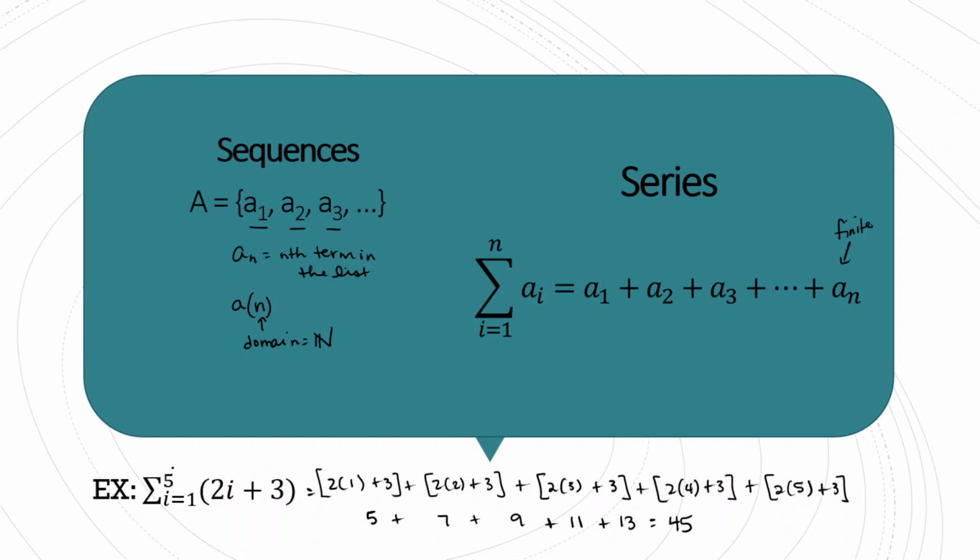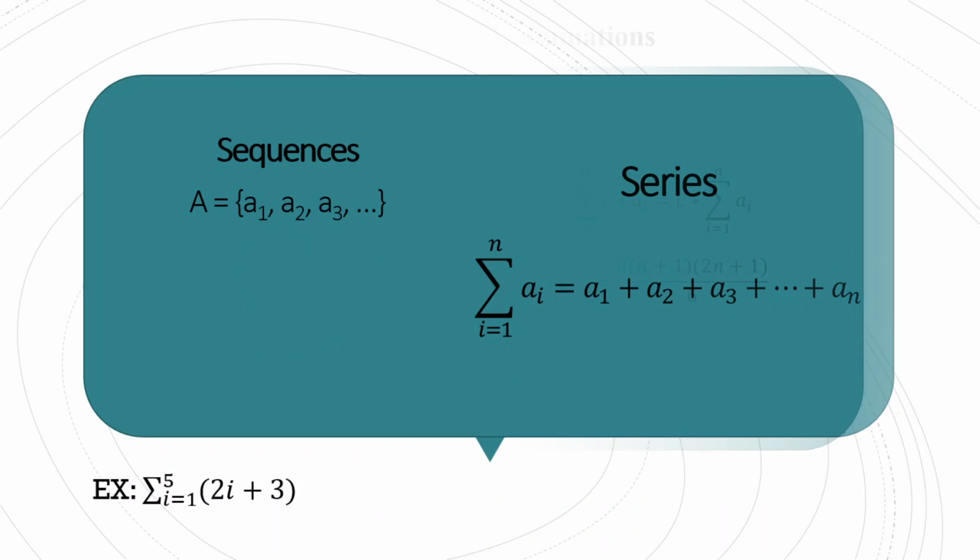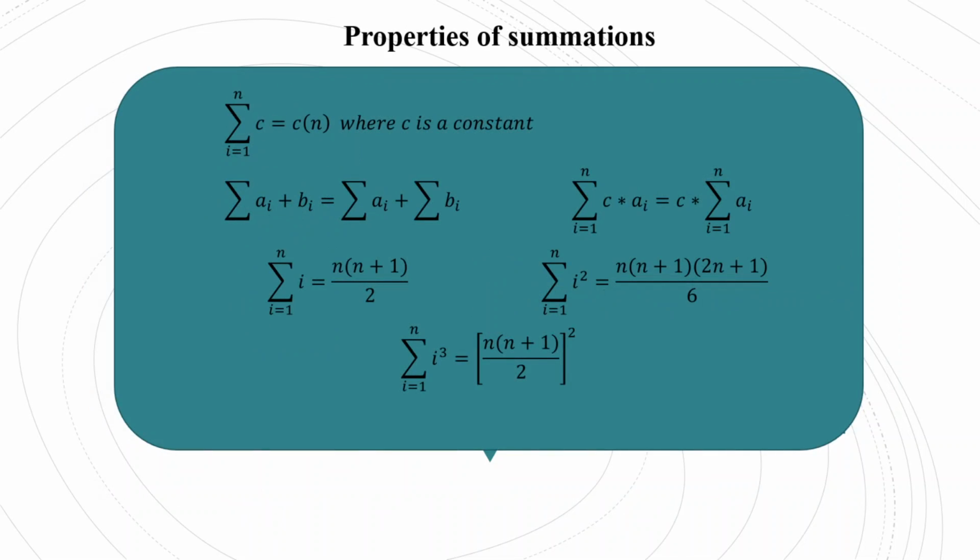Of course, as this top number gets larger, it becomes very cumbersome to add these all up, so there are some rules. The first thing we're going to do is look at these properties. Taking the sum of a constant is like taking C and adding it together n times.